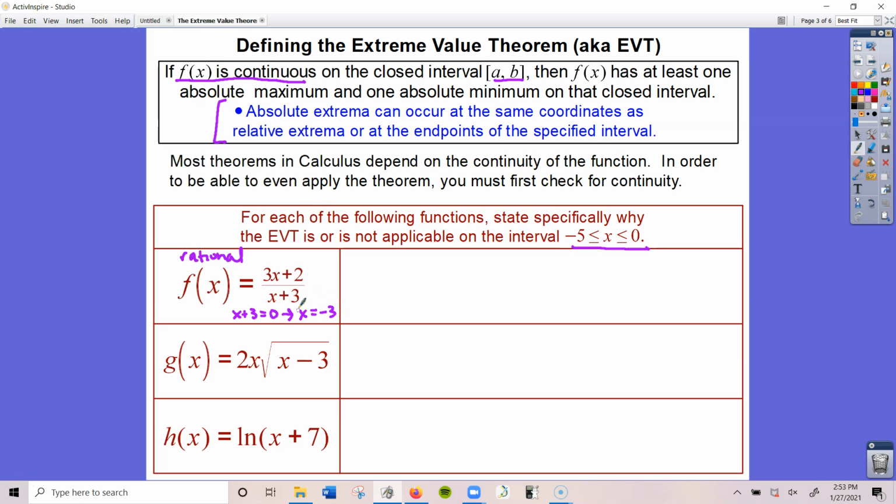That means that it is not continuous at x is equal to -3 because there's a break. But -3 is in this specified interval. Therefore, EVT would not be applicable.